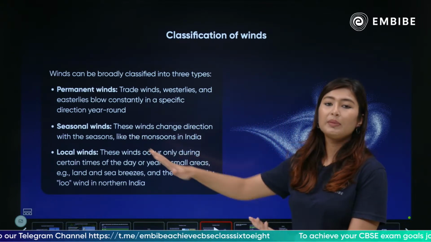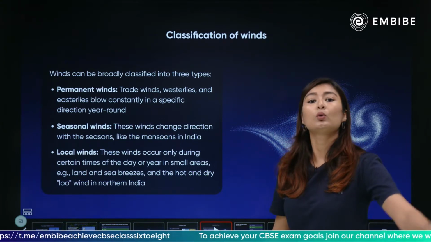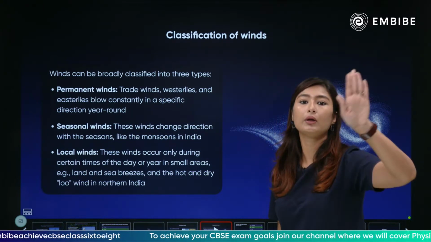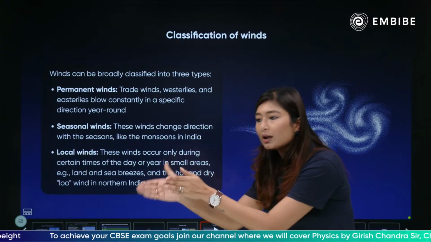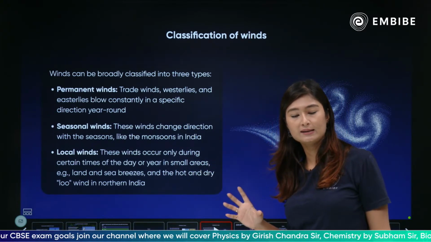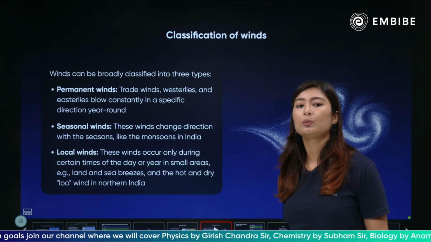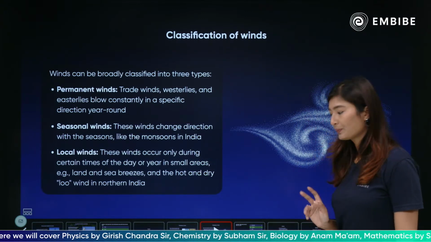It will not be covering big areas, like Loo. Loo will only happen in summers and only in some parts of India, not throughout India. So it will depend on specific local conditions, how hot, cold, high pressure, low pressure that area is, resulting in that particular atmospheric condition. That is what is known as local winds.